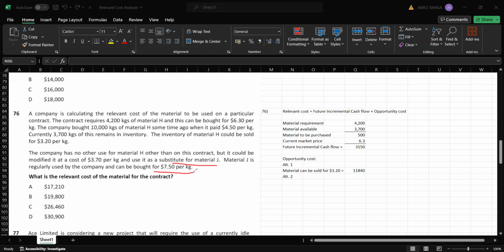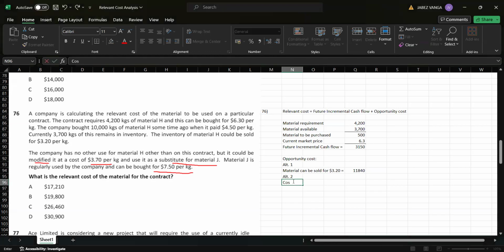So there would be cost saving to the extent of 7.50. But that is available only if they modify it at a cost of 3.70. So what's the opportunity cost?